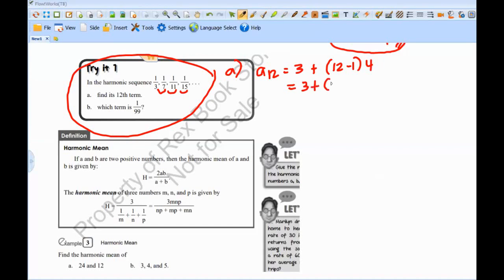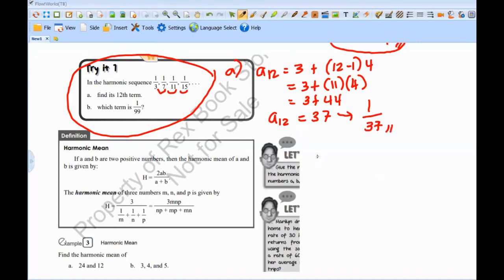So 3 plus 11 times 4, so 3 plus 44, which you will get 47. That is A sub 12. Now we are getting the 12th term of the harmonic sequence, so you have to put only 1 over 47, the reciprocal of the number.